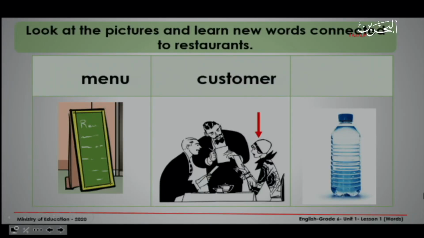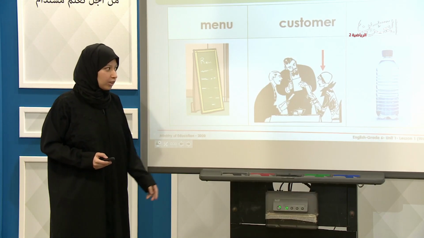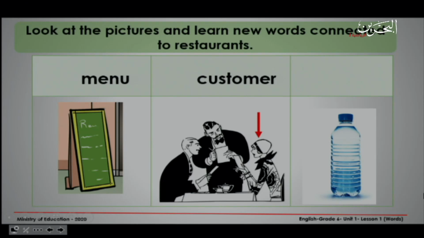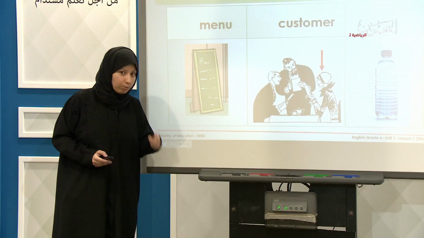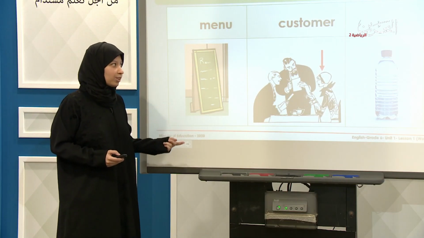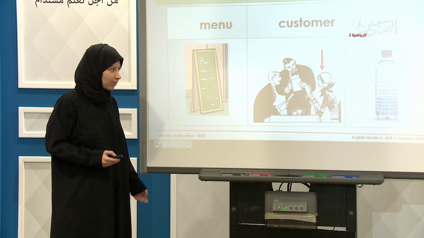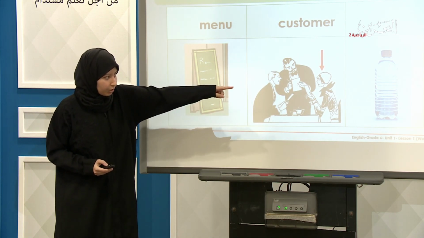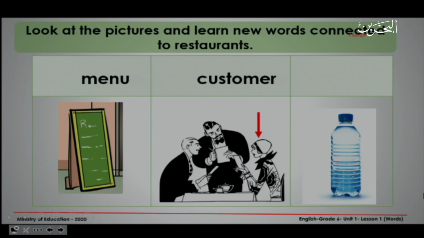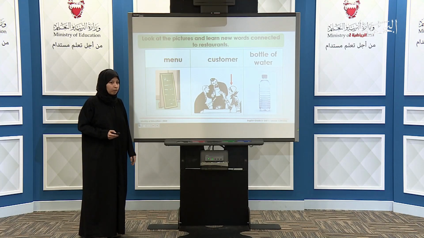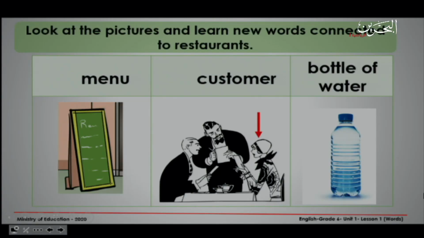The person who makes the order is called a customer. And if they were 2, we add S. It becomes customers. What is the last picture? Can you see it? It's very obvious. It is a bottle of water. For the water, we use a bottle of.